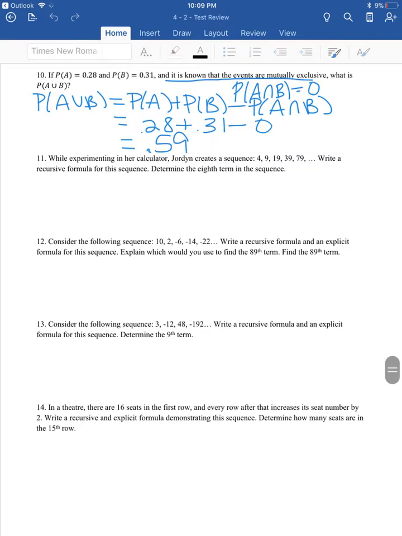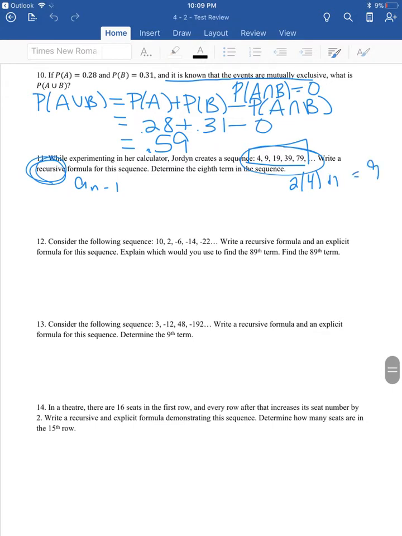While experimenting in her calculator, Jordan creates this sequence here. Write a recursive formula for this sequence. So recursive, this means I need A sub n minus 1. This is actually a more difficult one because what's happening here is not arithmetic or geometric. So you have to see if you can figure out a pattern. To get from 4 to 9, you would do 2 times 4 plus 1.